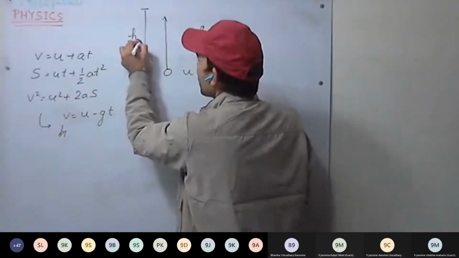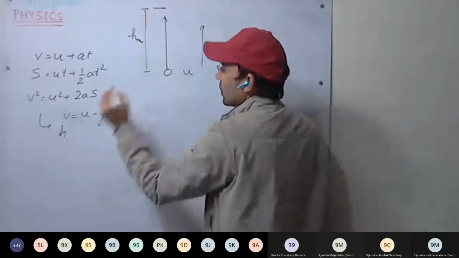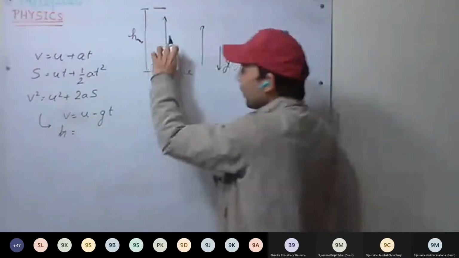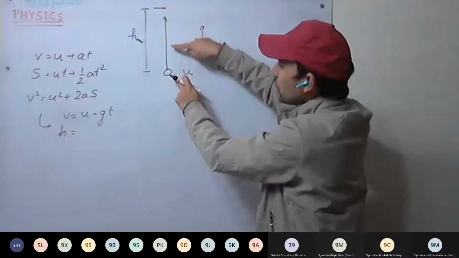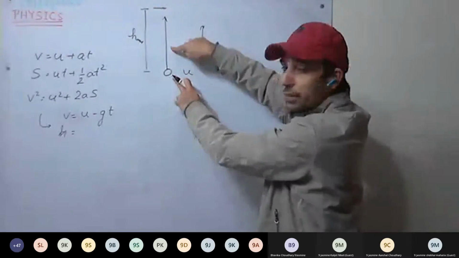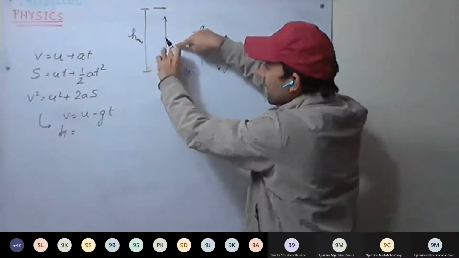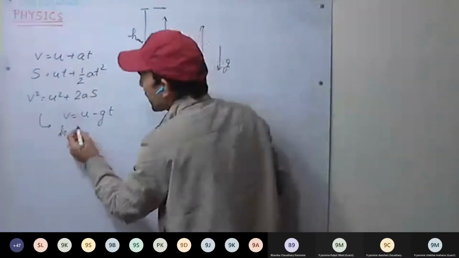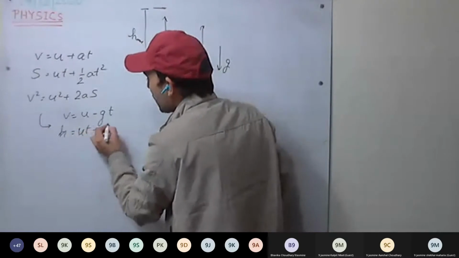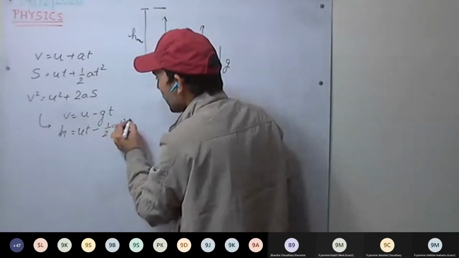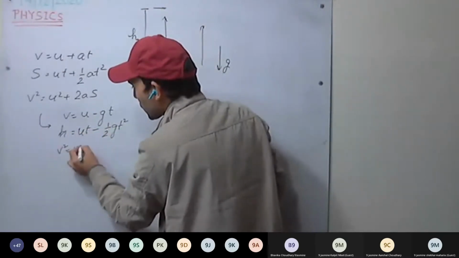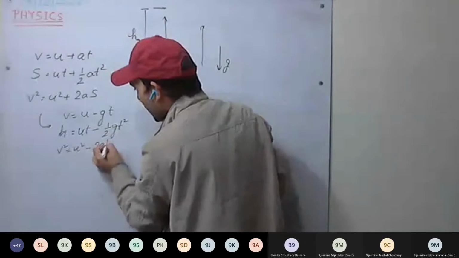This is h max, the top point. If you have to find the distance after 2 seconds, how much distance it has covered, that will be h, and putting the time in this equation, we can calculate: h equals ut minus half gt square, and v square equal to u square minus 2gh.